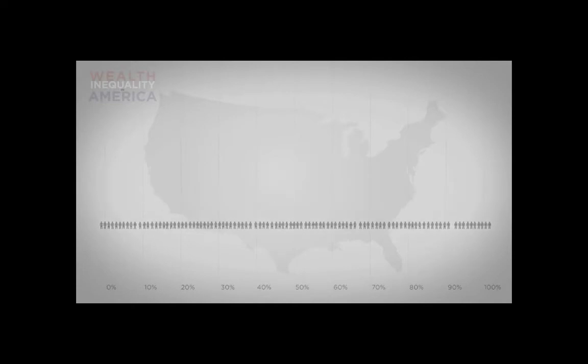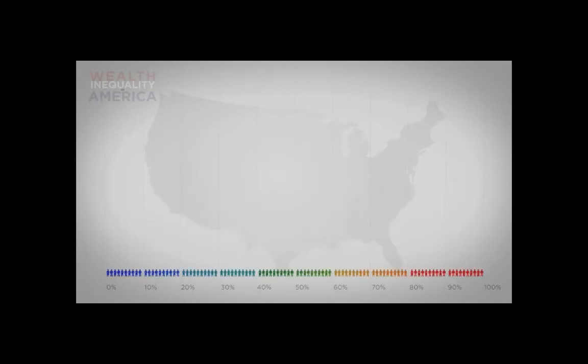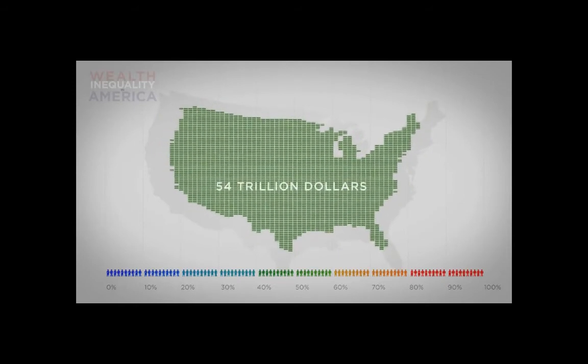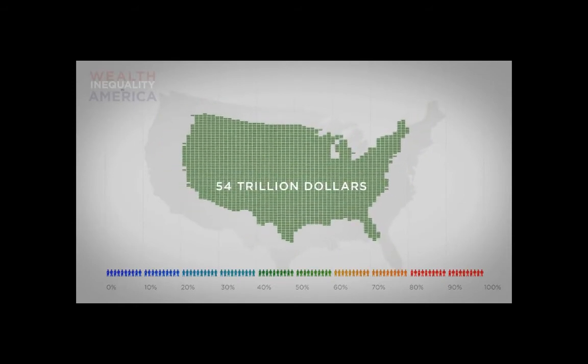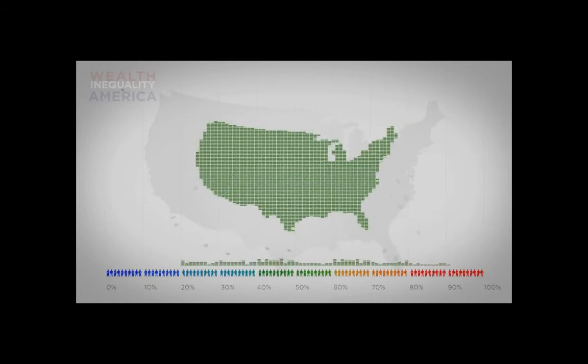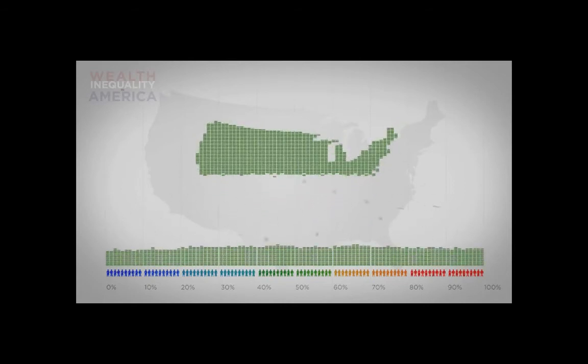Poorest people on the left, wealthiest on the right, just a steady row of folks based on their net worth. We'll color code them like we did before based on which 20% quintile they fall into. Now let's reduce the total wealth of the United States, which was roughly $54 trillion in 2009, to this symbolic pile of cash. And let's distribute it among our 100 Americans.